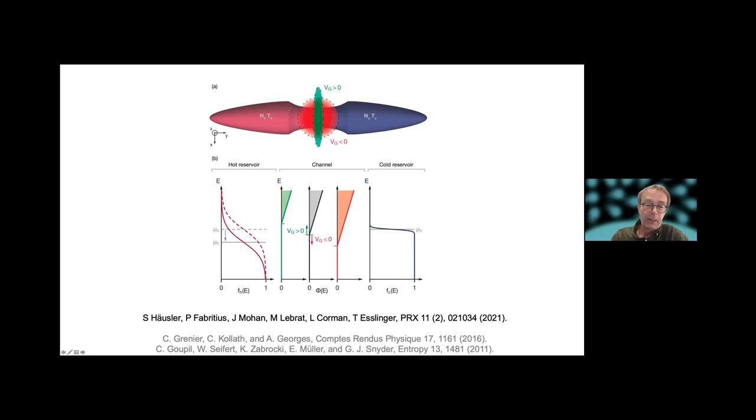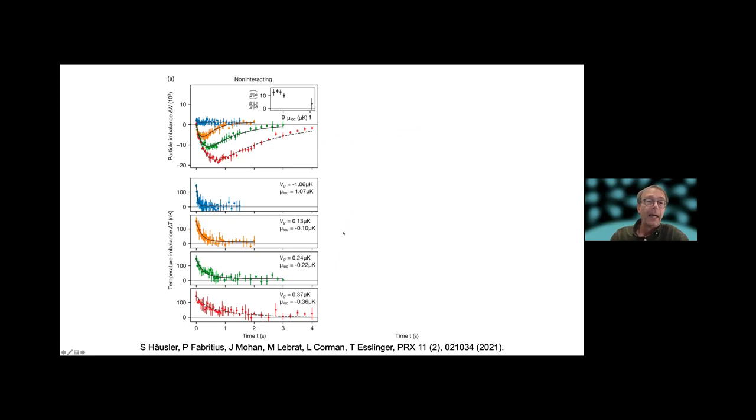Okay, so what do we see in the experiment? Maybe I'll start here with the lowest view graph. That was where only high energy particles can pass through. We see that slowly the temperature will equalize.